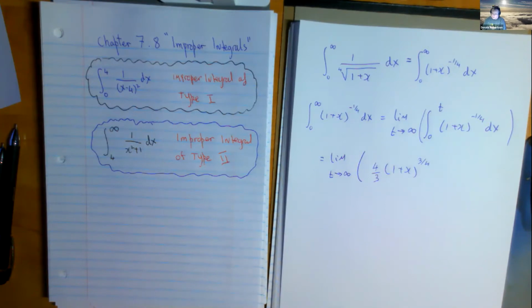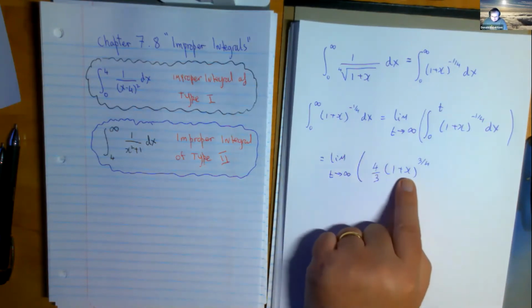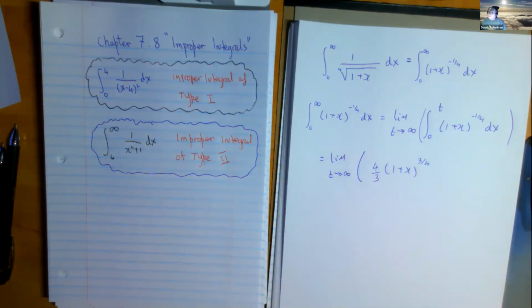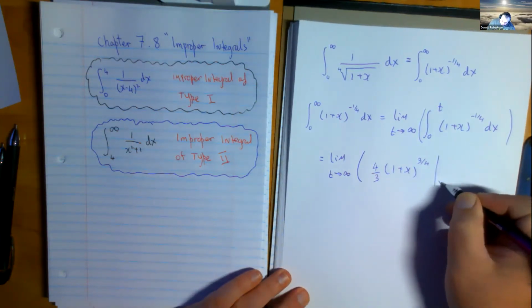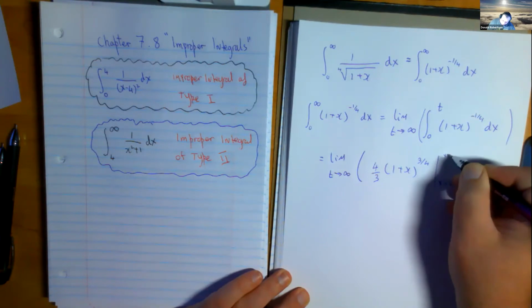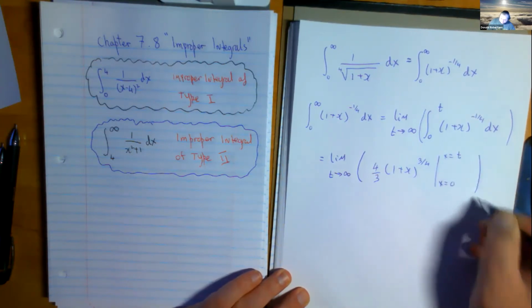Divide by the new power gets you 4/3. Now, according to the linear shortcut method, if that x was 2x or 4x or 10x, wouldn't we multiply by a half, a quarter, or a tenth? But since it's 1x, isn't that finished? And we're going to evaluate that at x equals 0 to x equals t.